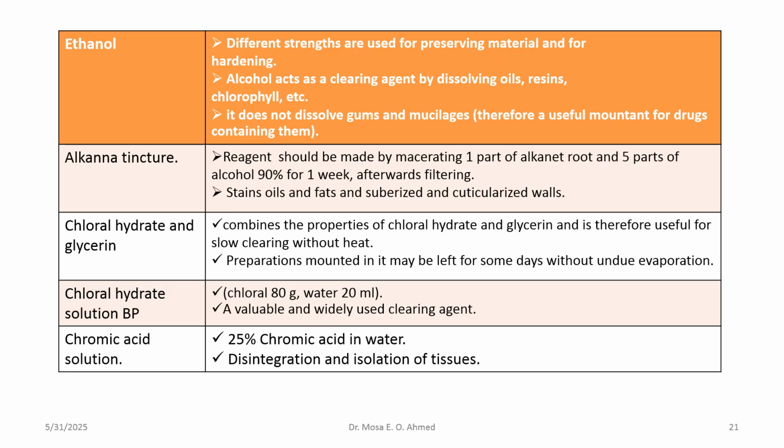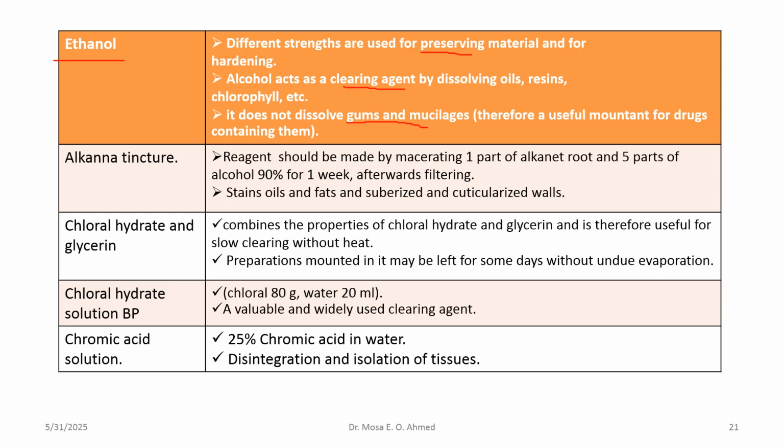There are some examples of microscopical reagents that are used for examination of T.S. and L.S. sections of plant material. Ethanol can be used as a preservative, also can be used as a clearing agent similar to chloral hydrate to remove oils and resins. وعنده ميزة إنه cannot dissolve gums and mucilage.